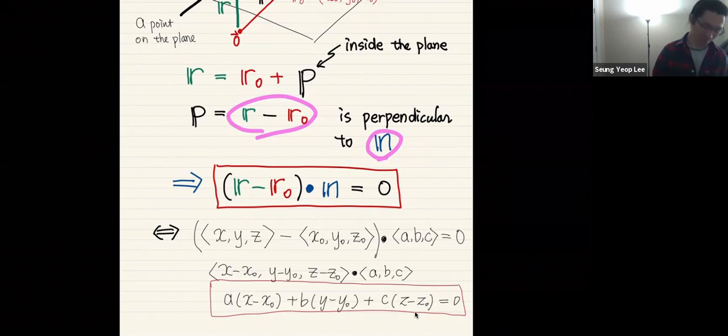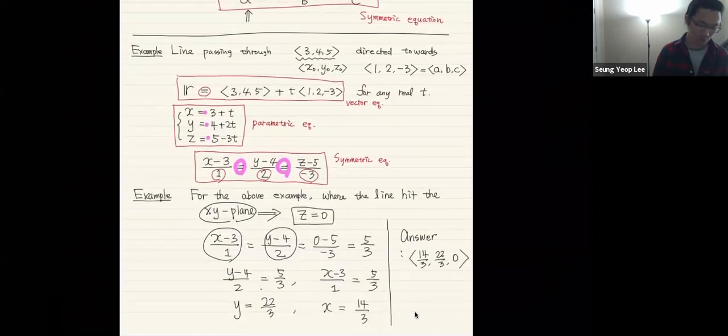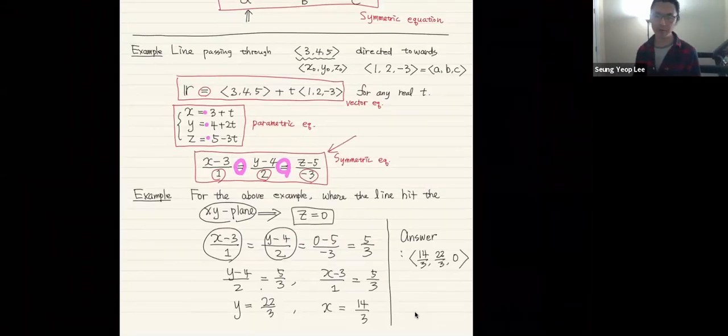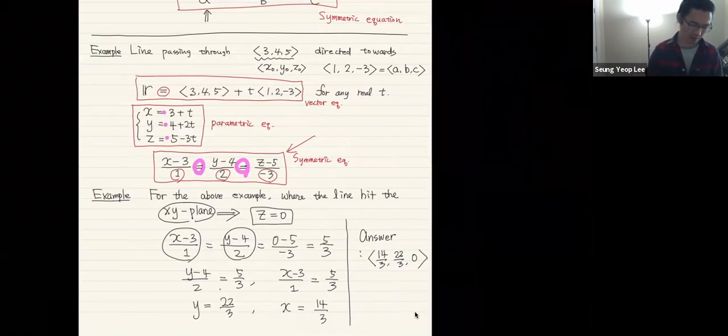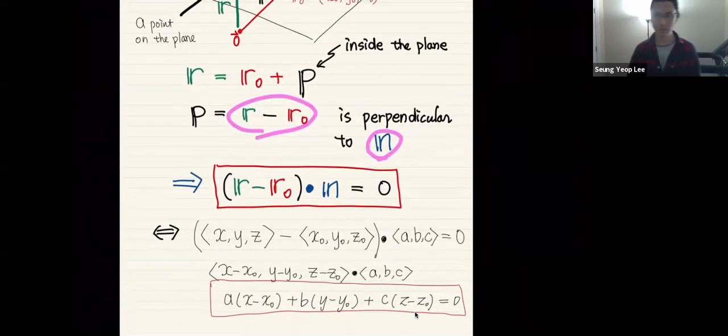Okay, so compared to the line equation, look at the symmetric equation, because it doesn't involve the parameter. We have two equations to describe a line, but a single equation to describe a plane. Why is that?